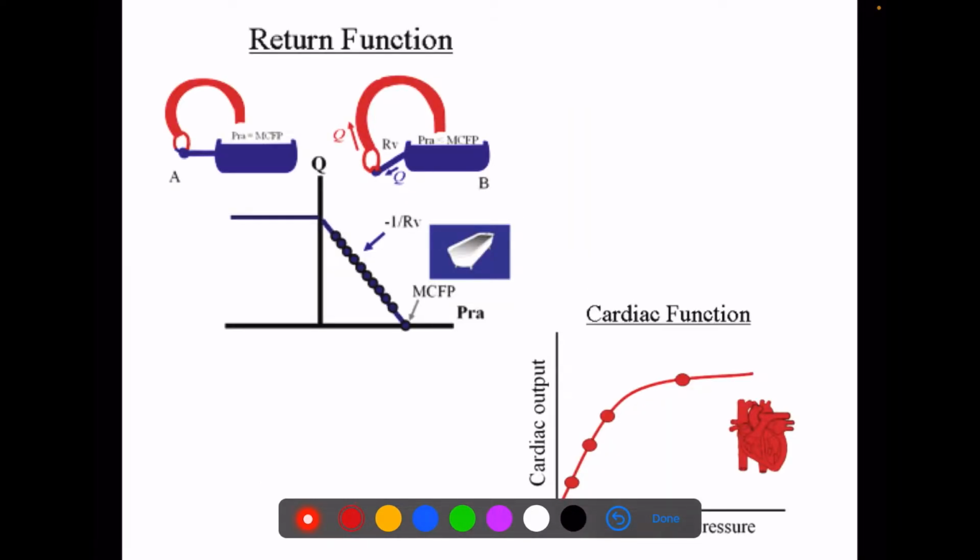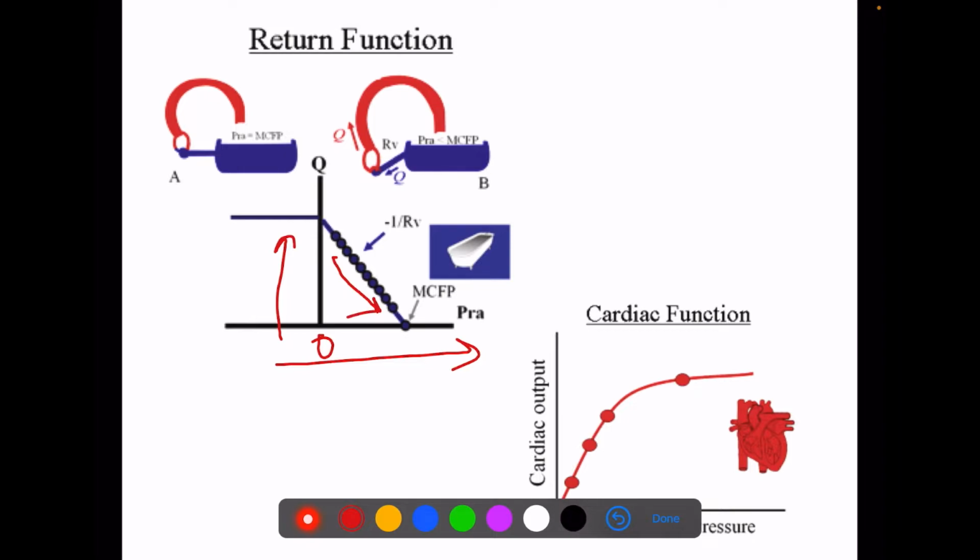Now if we draw our graphs, what we get is a graph like this. On this side we have the right atrial pressure, on this side we have the venous return. As we can see, it is independent of the right atrial pressure below the point of 0. However, as the pressure starts increasing over 0, the venous return gradually comes down.